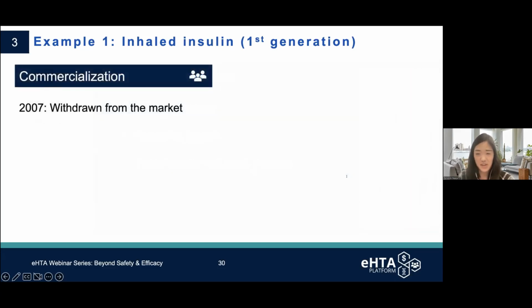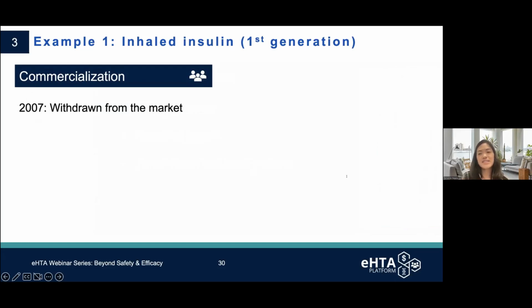And basically what happened was that the product failed to gain acceptance among physicians and patients. And in less than a year, Pfizer decided to withdraw the drug from the market. And to give you an idea of the repercussions of that decision, a lot of other companies were developing their own inhaled insulin.